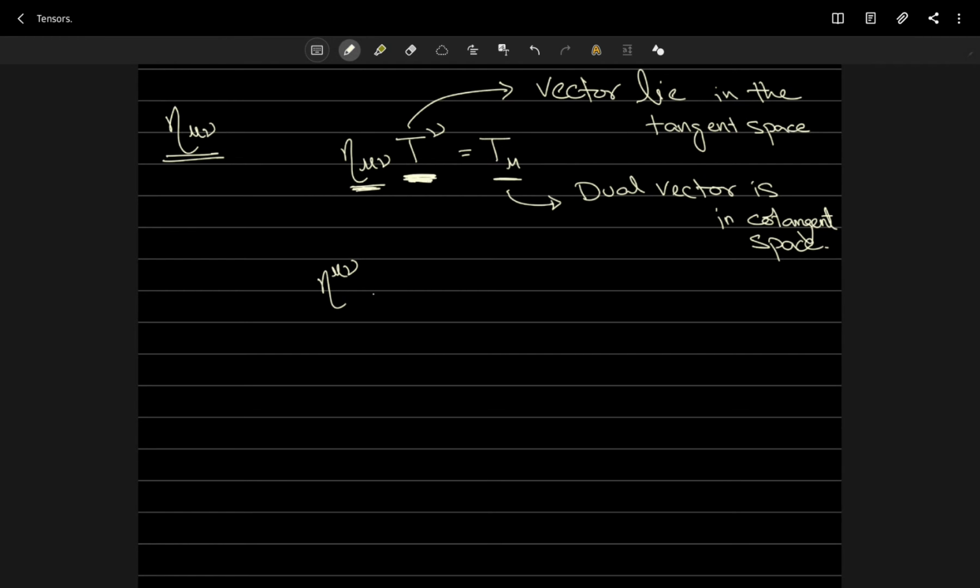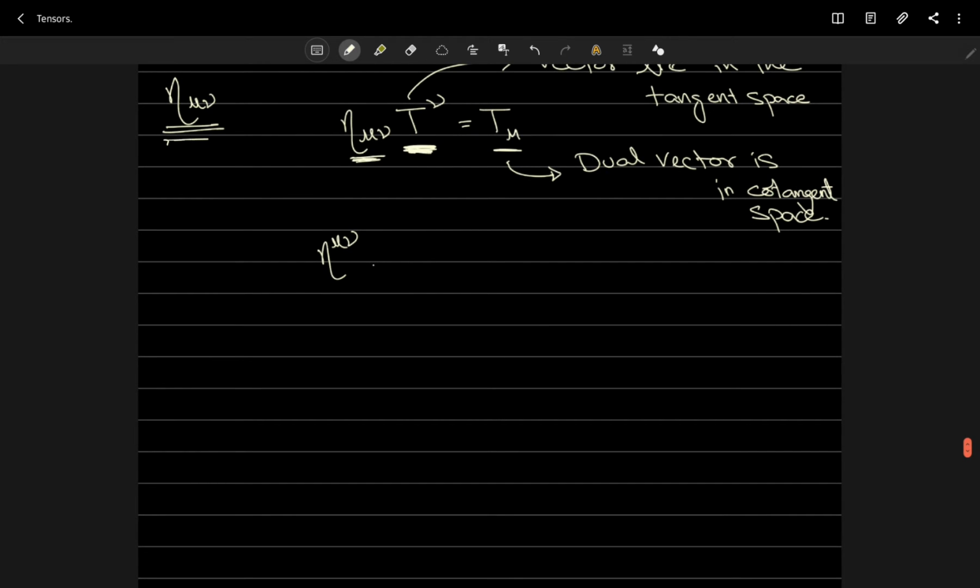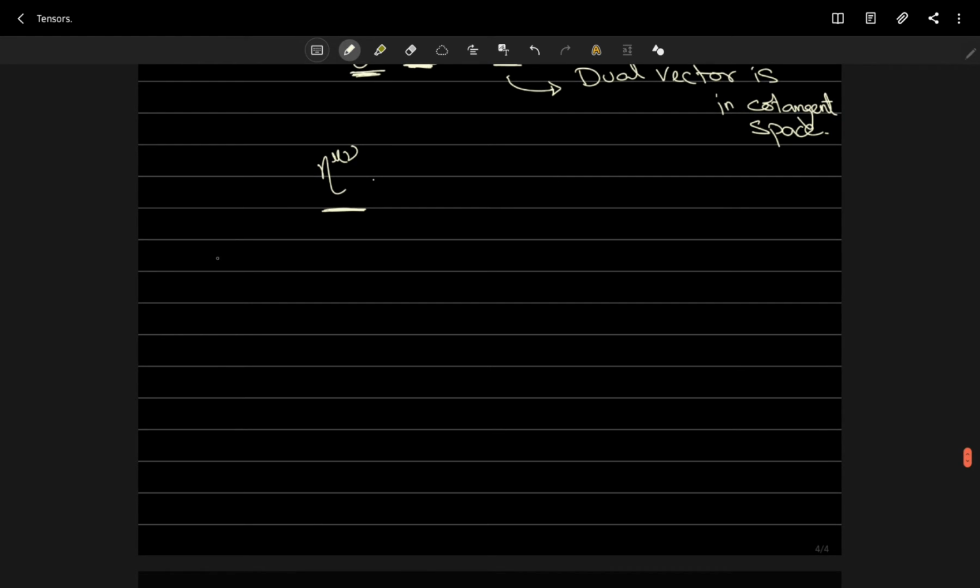So now note that both of these, eta mu nu with lower indices and eta mu nu with upper indices, are symmetric. What that means is that eta mu nu is the same as eta nu mu, and likewise for the upper-index version, right?